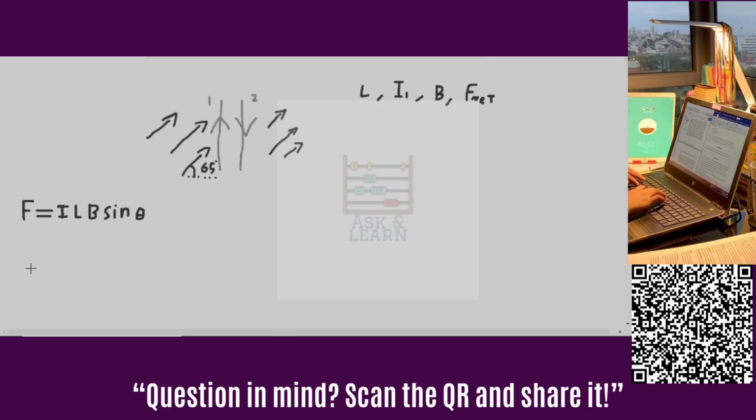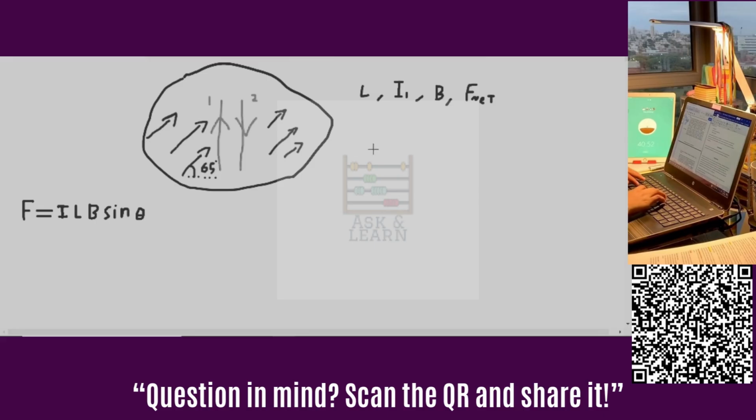So now how do we incorporate this net force? That's the force over the entire system. That's the force both of these two wires together experience. So now we have one wire that has a current flowing up and one wire that has a current flowing down. This means that the net force is going to be the sum of these two, but the forces are going to be in opposite directions.